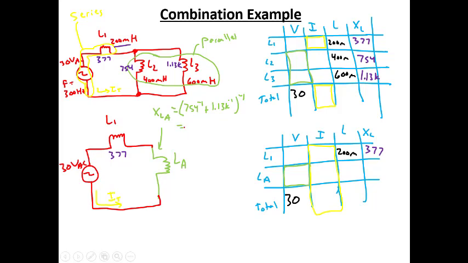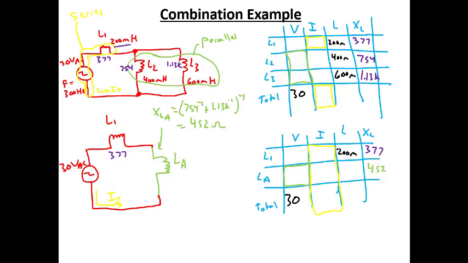And if I do that, I get 452 ohms for this resistor. So this would be 452.